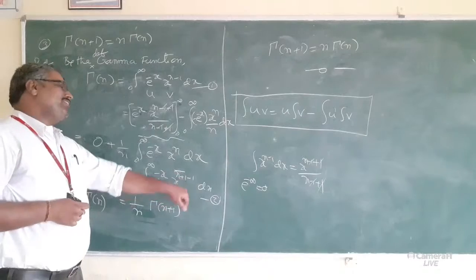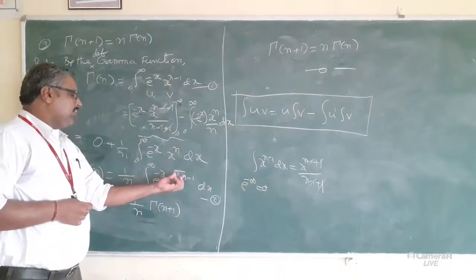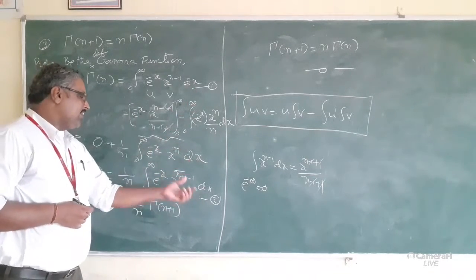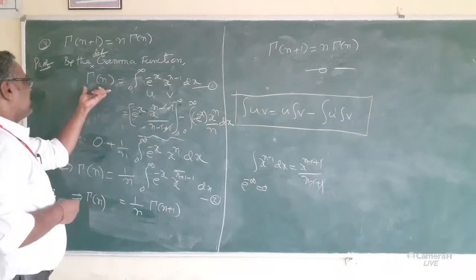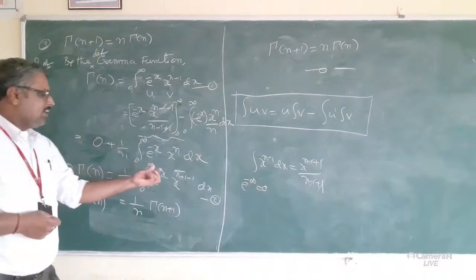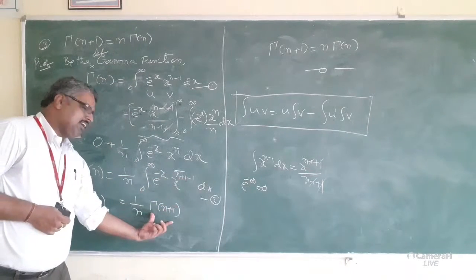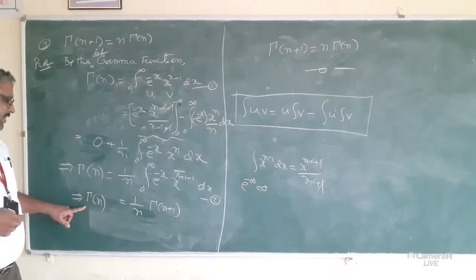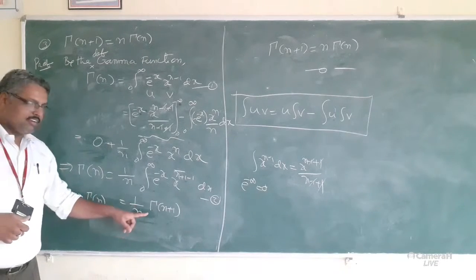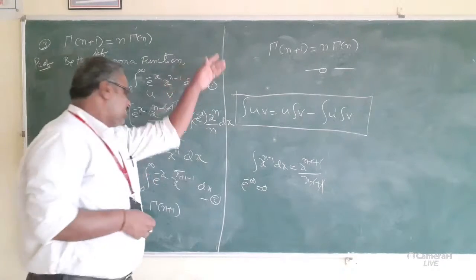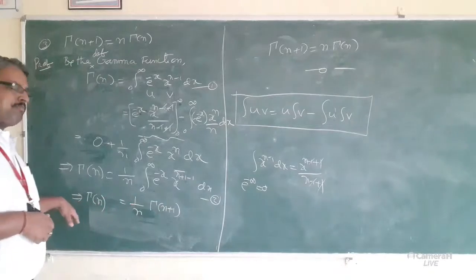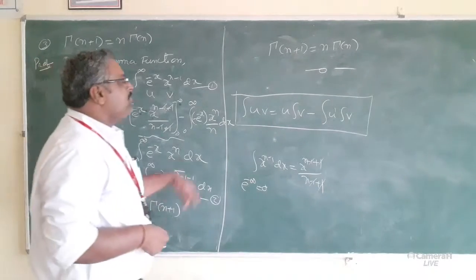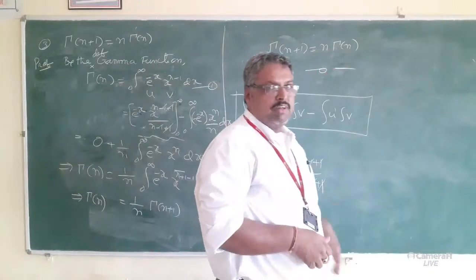Here x power n plus 1 minus 1, in place of n you will get n plus 1, dx. So here n, that's why this definition is gamma n. Here n plus 1, this is gamma n plus 1. Now the left hand side is gamma n equals 1 by n into gamma n plus 1. Now by simplifying, gamma n plus 1 equals n into gamma n.